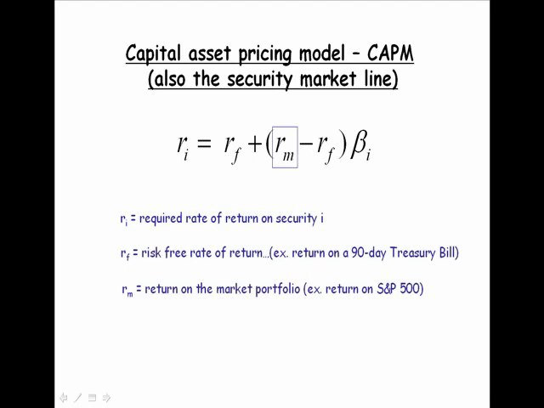So what we use in this formula is some sort of proxy for the market, some rate of return that will represent the market return. It's pretty common to use the return on the S&P 500 or perhaps the return on the Wilshire 5000. Also in our formula is beta, which, as we know, is a measure of an asset's non-diversifiable risk.